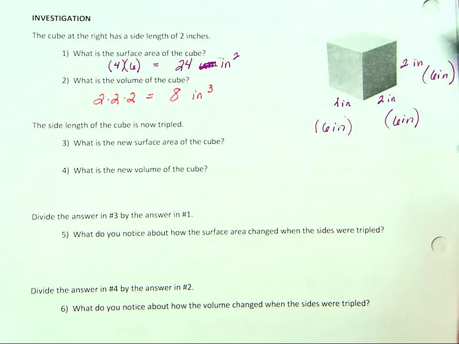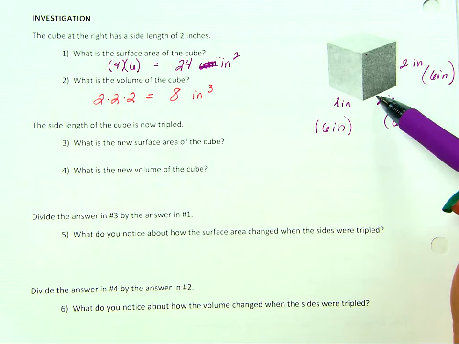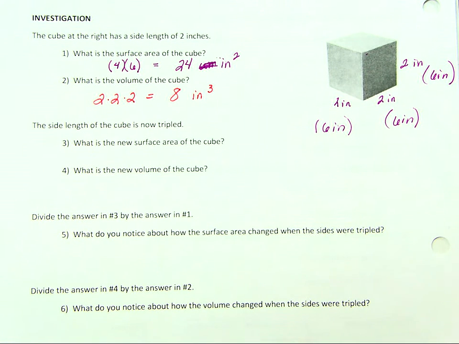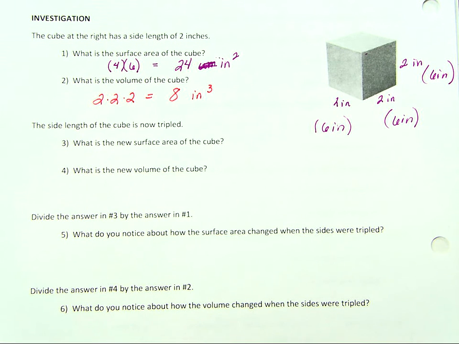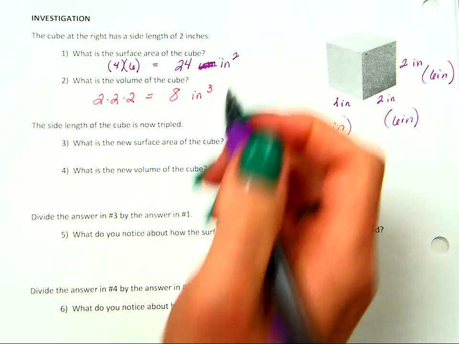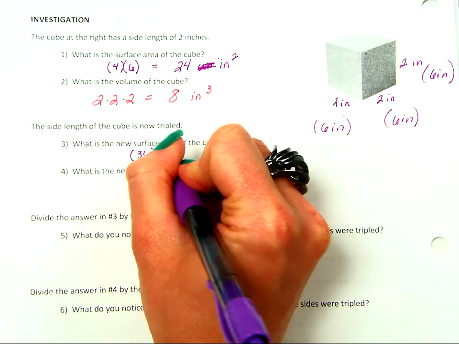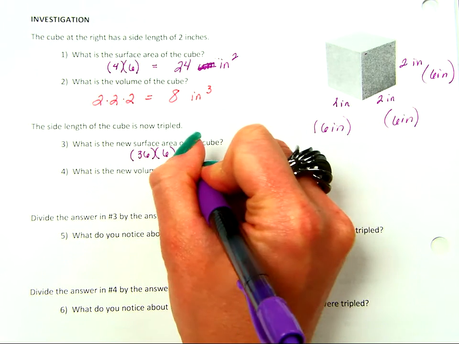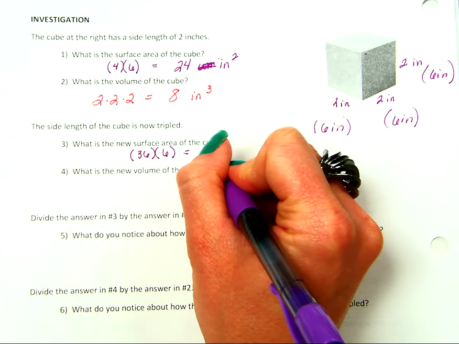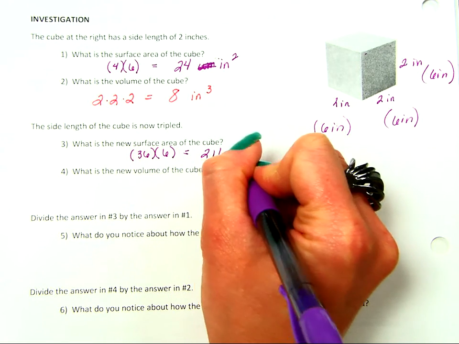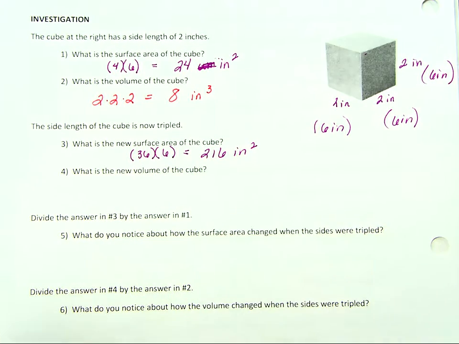Well, one face, 6 times 6 would be 36. And if we take one face, 36, and multiply it by 6, we would have a surface area of 216 square inches.